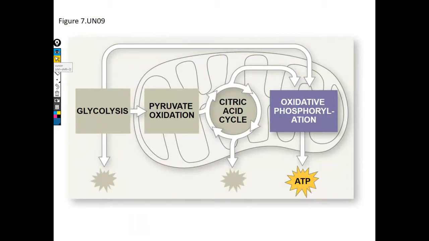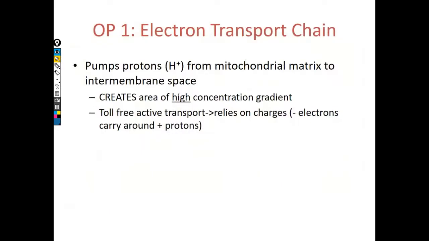All right, here we are, we're finishing up. This is the first stage of oxidative phosphorylation. So we're not actually going to make ATP yet. What we're going to do is build up so we can work towards it. So what exactly does the electron transport chain do?